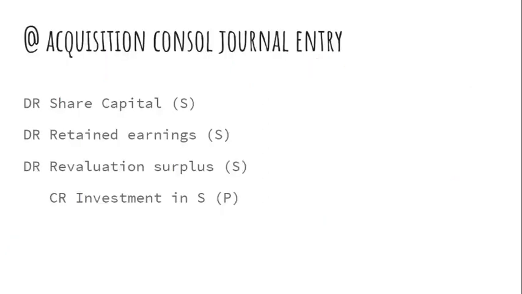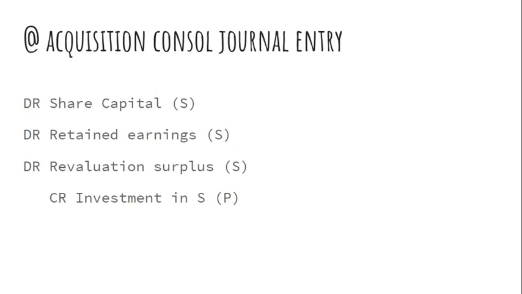Still looking at the at-acquisition consolidation journal entry, let's start talking debits and credits. From the previous discussion, we've now established the objective behind this at-acquisition consolidation journal entry and what we want to achieve through it. And that was, first of all, to eliminate the common items.